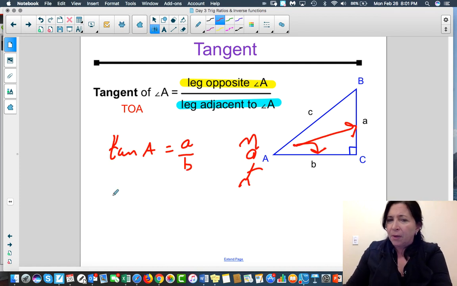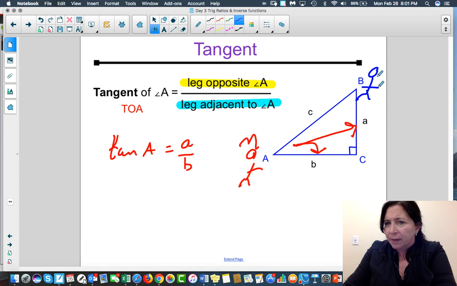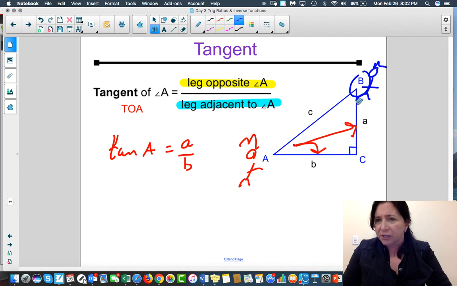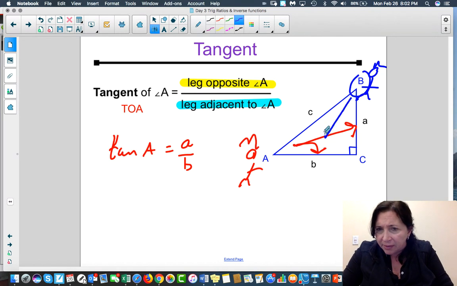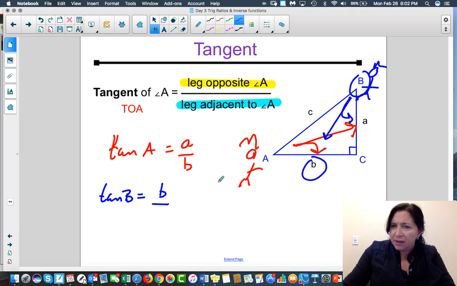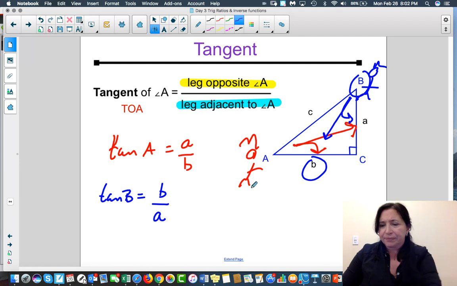Now keep that in mind. What if I moved myself up here and I want to find tangent of angle B? It's still opposite over adjacent, but now my opposite side is little b and my adjacent side is a. So b over a, opposite over adjacent.